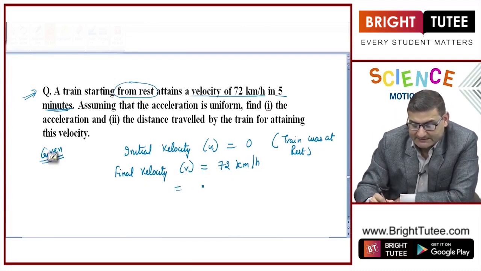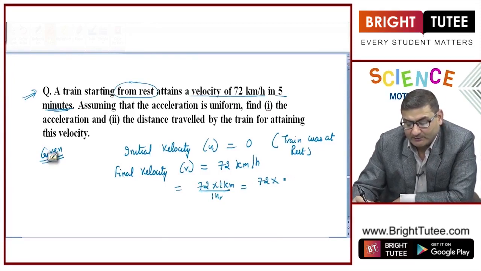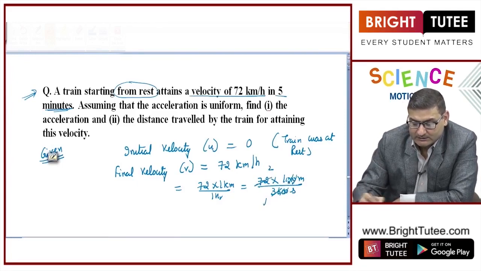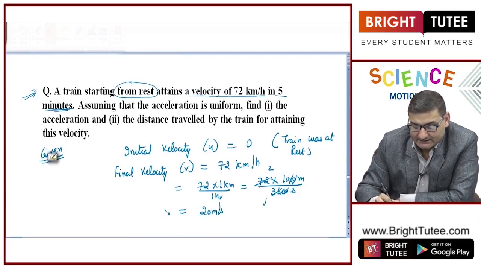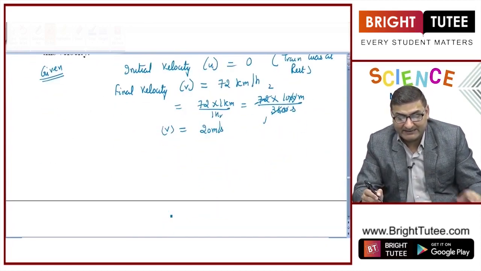Converting it, we will see 72 multiplied by 1 kilometer divided by 1 hour. Now, 1 kilometer can be written as 1000 meters. In 1 hour, we know there are 3600 seconds. Cancelling the zeros and dividing by 36, we are left with the value 20 meters per second. This is the final velocity in 5 minutes.